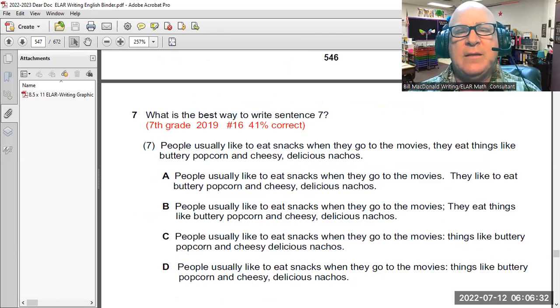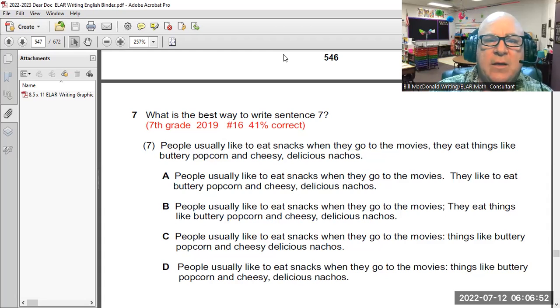And the idea is that you're going to join two independent clauses either with a comma and a FANBOYS, or an independent clause followed by a colon with a list, or a semicolon with another independent clause. So let's see how that looks.